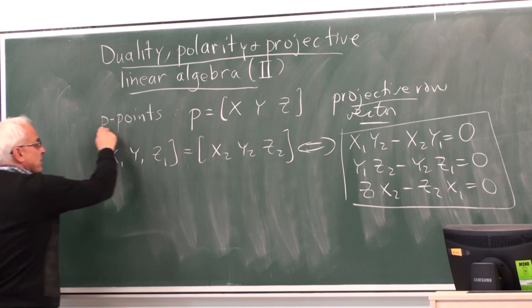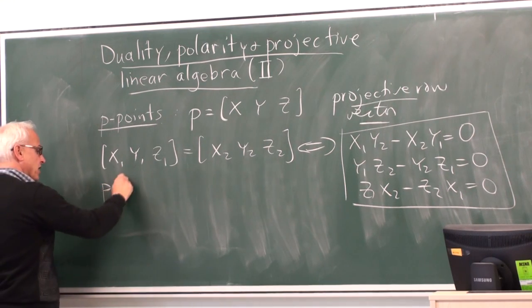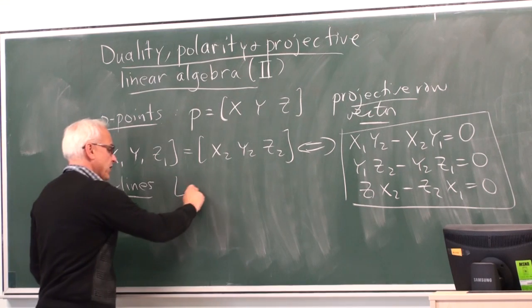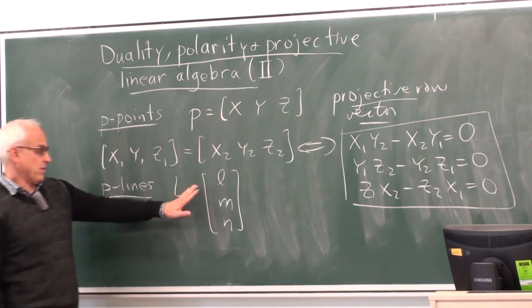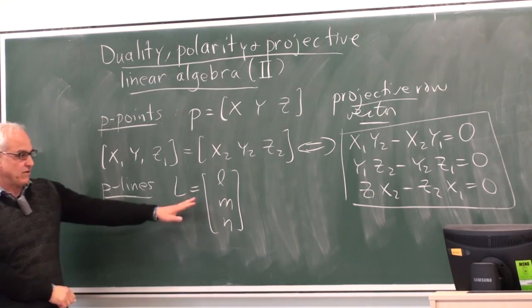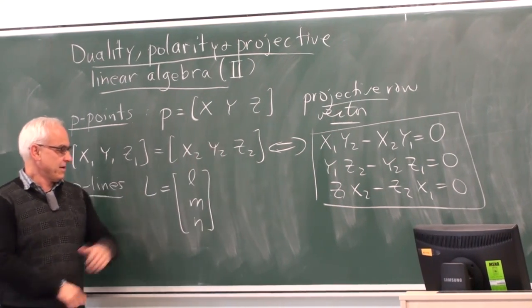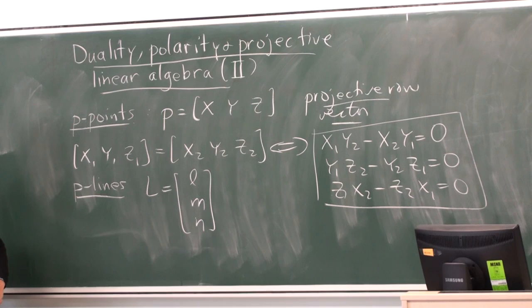All right, so those are projective points, and then we also had projective lines, and they were objects that were expressed in terms of projective columns, and the same kind of equality is defined.